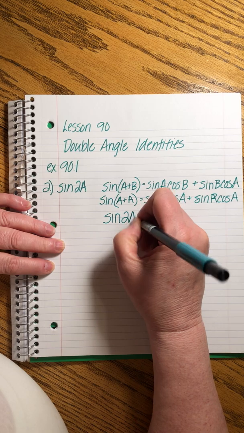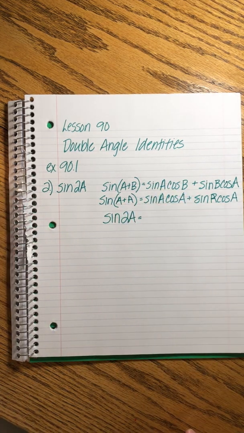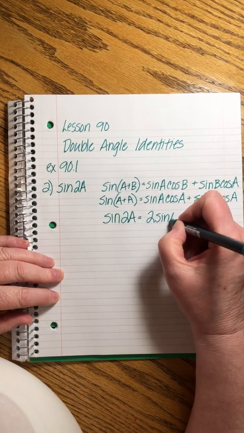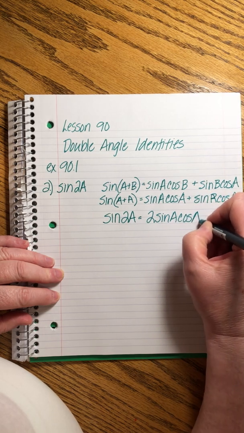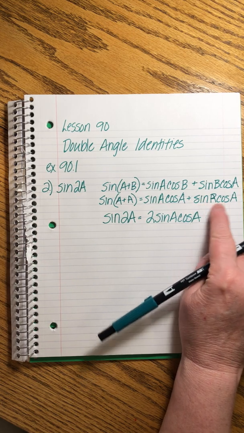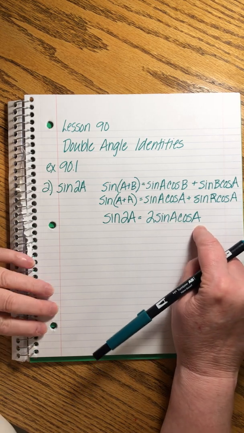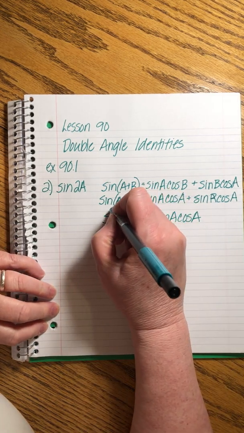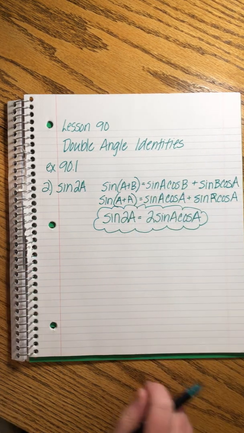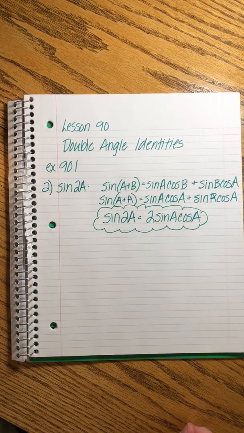The sine of 2A, if we add those together, equals 2 sine A cosine A. Sine A cosine A, sine A cosine A. We have two of them. We're adding them together. So this is our double angle identity for sine. That is what we were trying to develop.